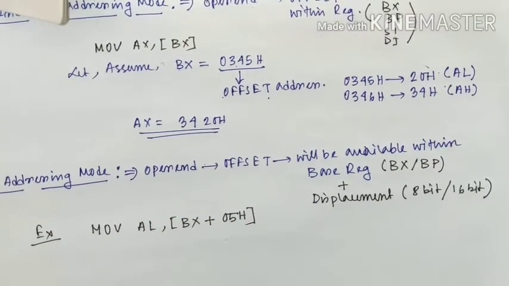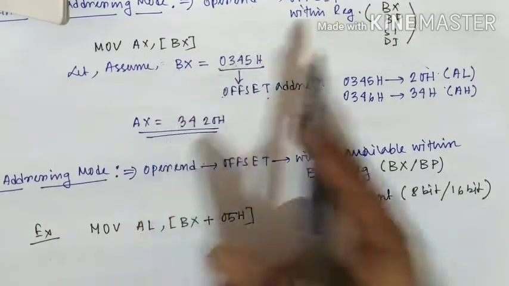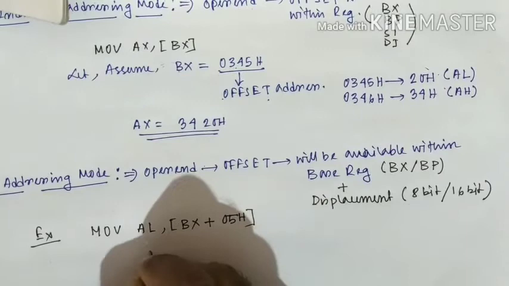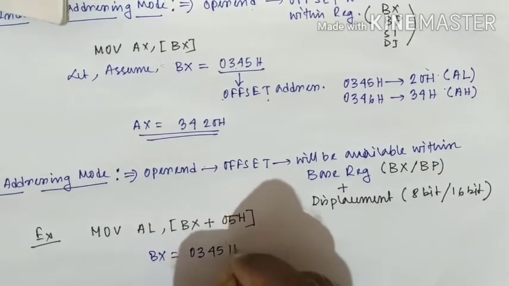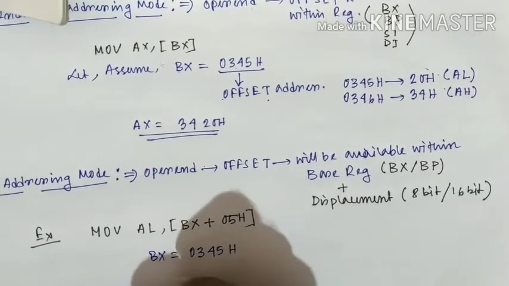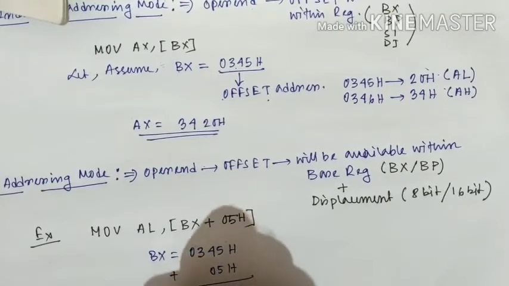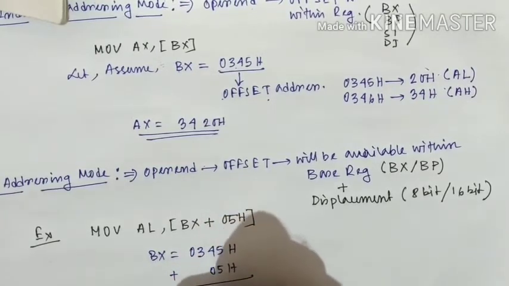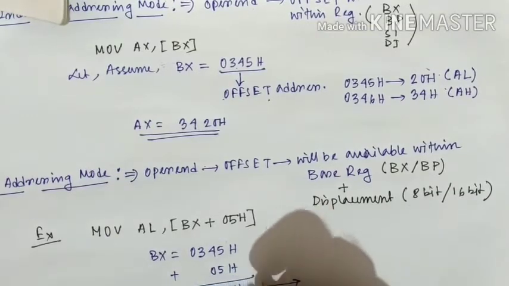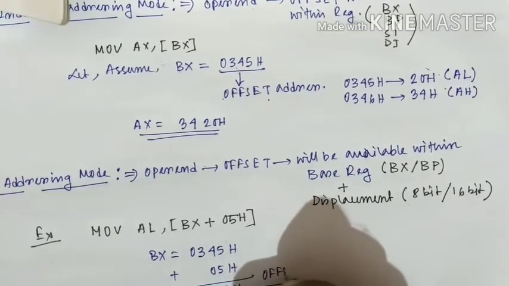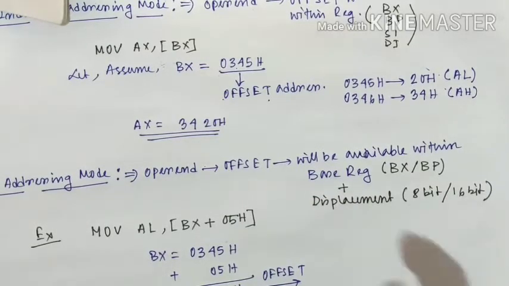Once again, we have assumed that BX contains that value 0345H. Then we need to add the displacement with this one, that is 05H. So the result will be 034AH. So this location will be treated as the offset address.